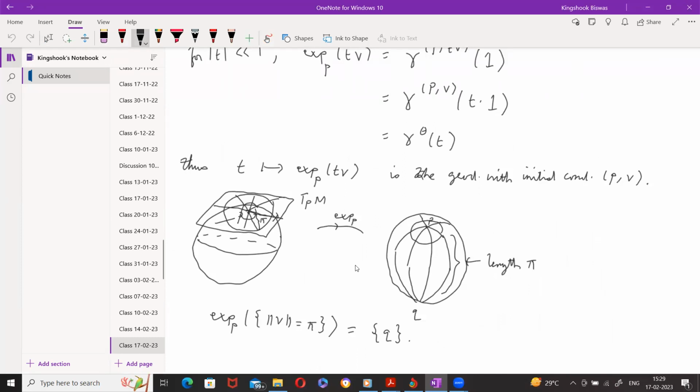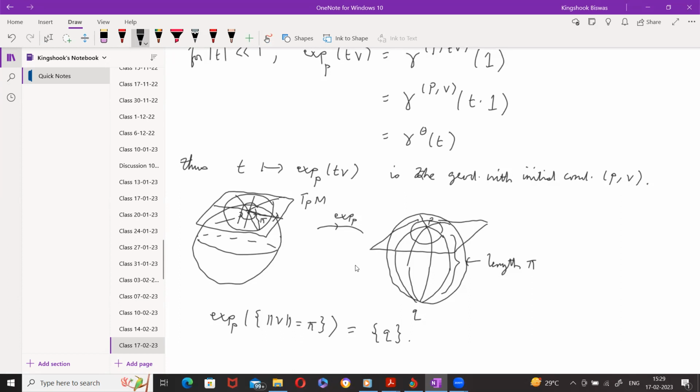So what are these geodesic spheres in this case? They will be nothing but the intersection of the sphere with horizontal planes at some height a bit less than 1. That will be this intersection. If I cut the sphere with a horizontal plane, I'll get a geodesic sphere like this. And that will enclose a geodesic ball.